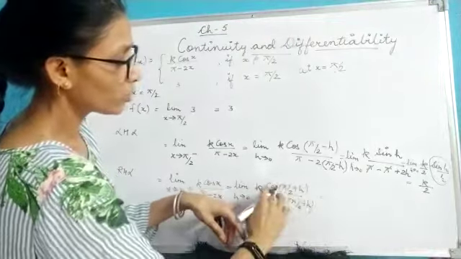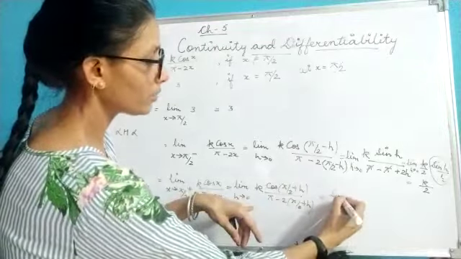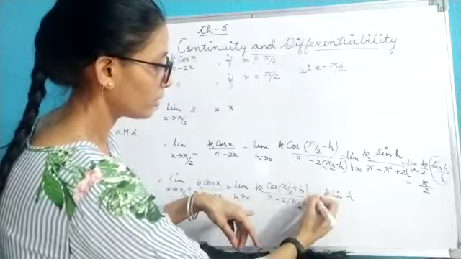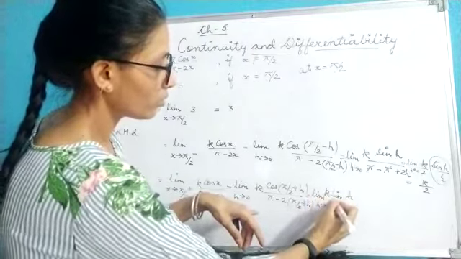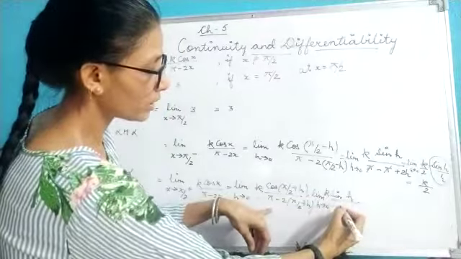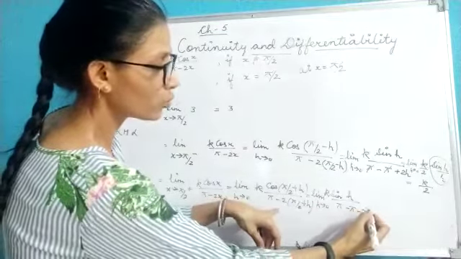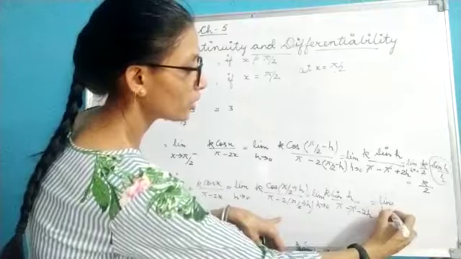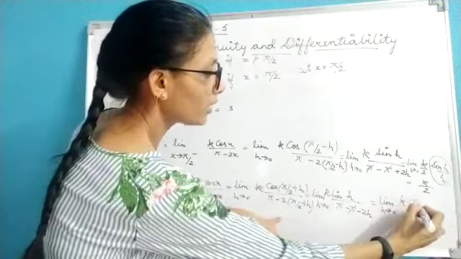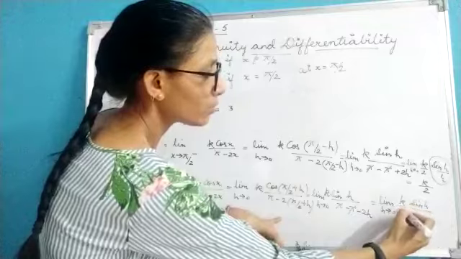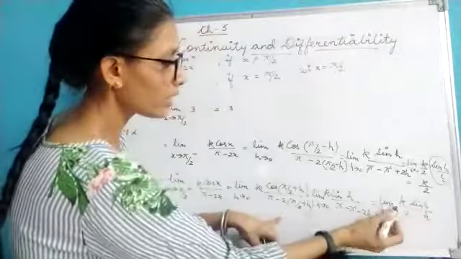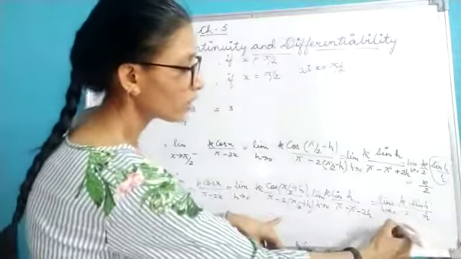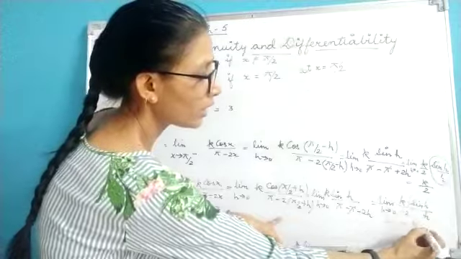Now children, I know cos of 90 plus h will be minus sine h, and of course limit h tends to 0 whole upon, I am multiplying this 2 inside, so it will be pi minus pi minus 2h. This and this will go away. So this is limit h tends to 0 k sine h by, this is minus 2h. Now again I can say limit h tends to 0 sine h by h is your 1. So here I am getting it as minus k by 2.